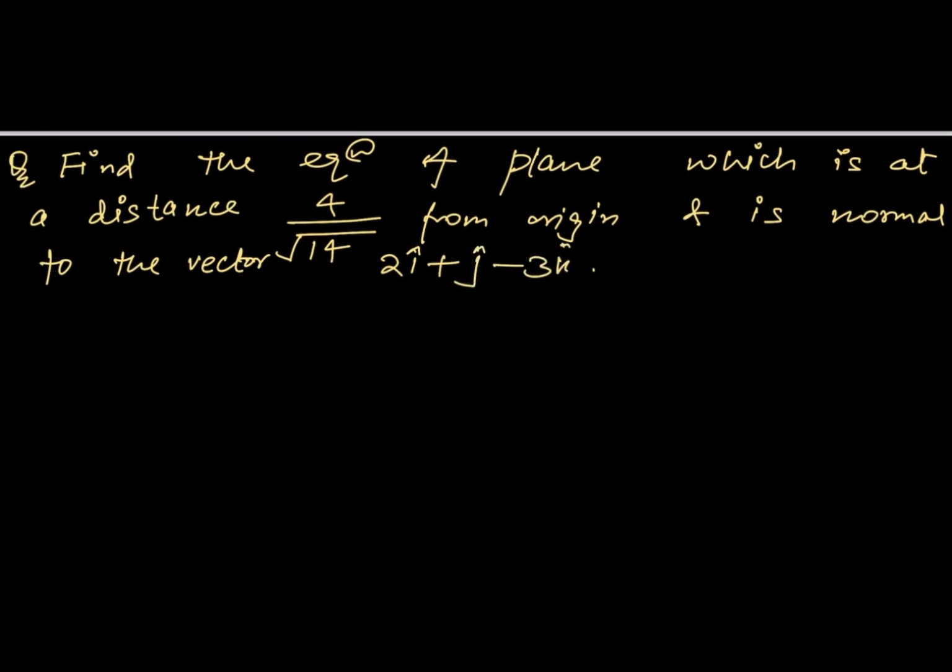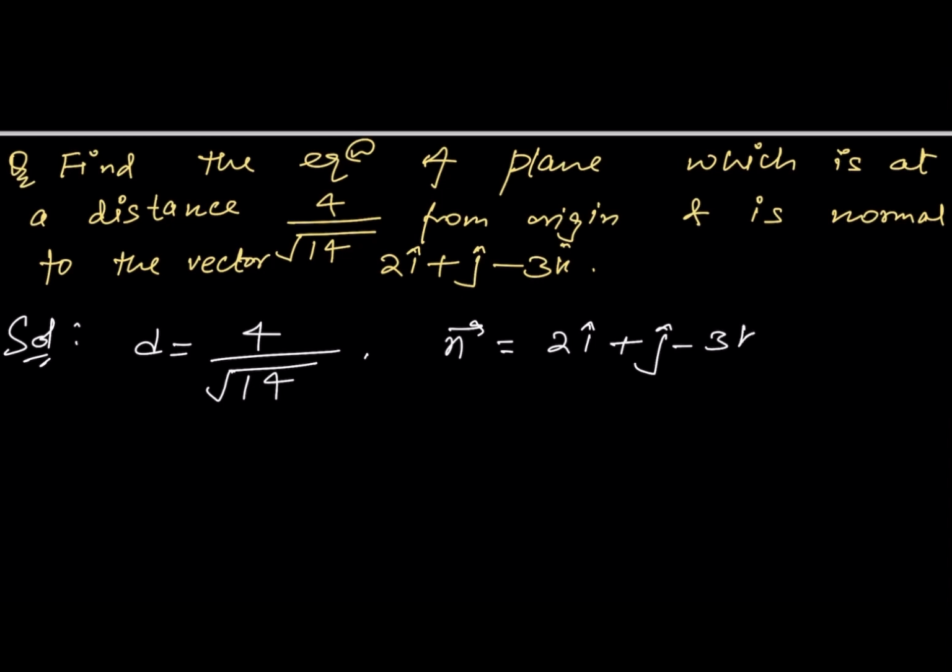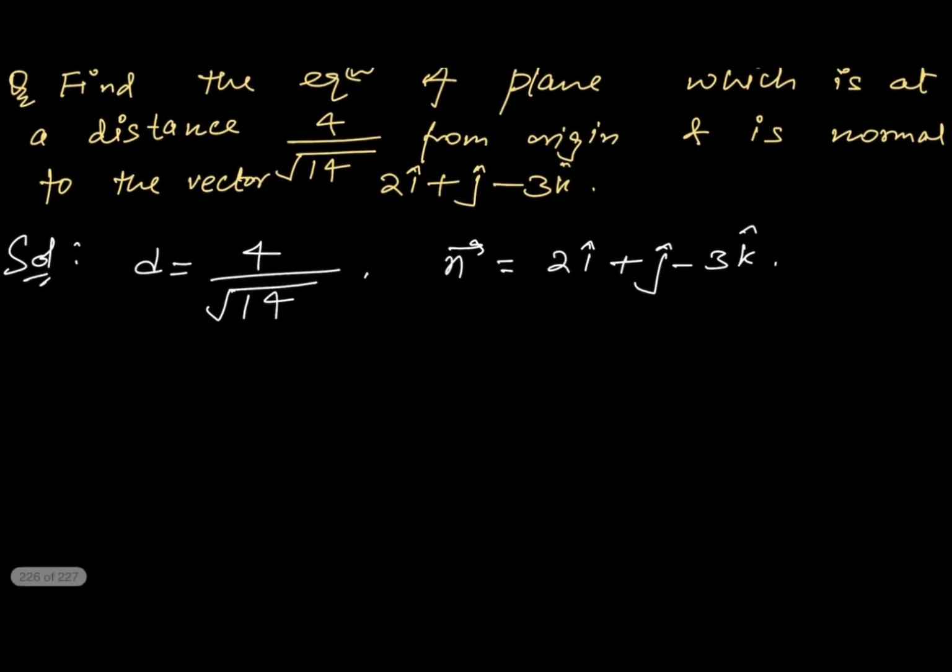Okay, so in this question the distance from origin is given, that is d is equal to 4 upon root 14, right? And the normal vector is also given.